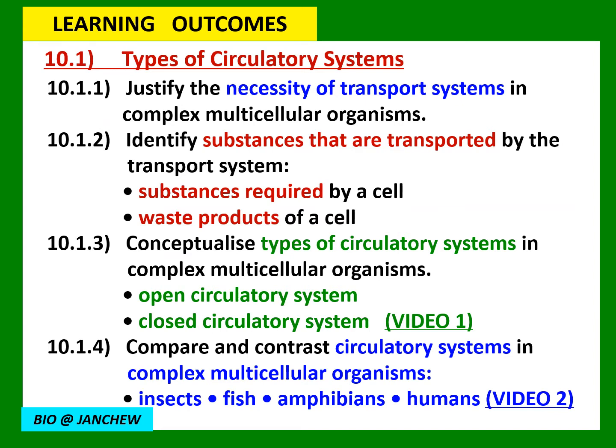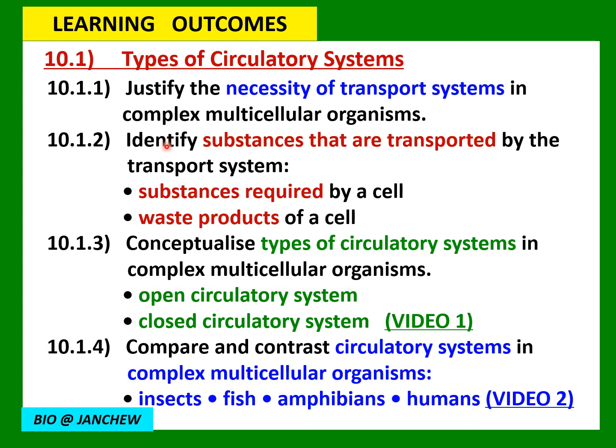For this subtopic 10.1, entitled Types of Circulatory Systems, the learning outcomes are as follows. After this lesson, we should be able to, number 1, justify the necessity of transport systems in complex multicellular organisms. And this means that we have to explain why transport systems are necessary or needed in complex multicellular organisms.